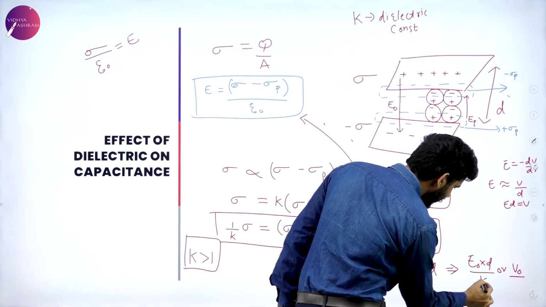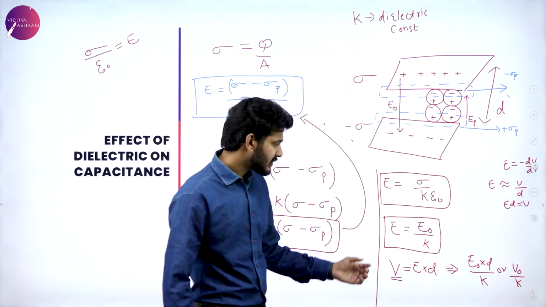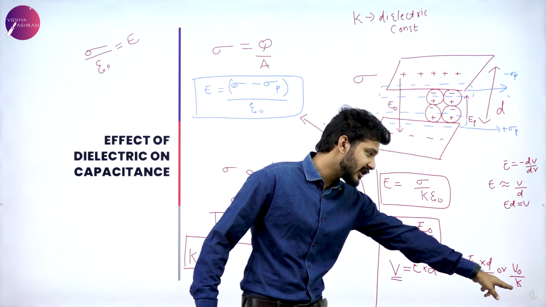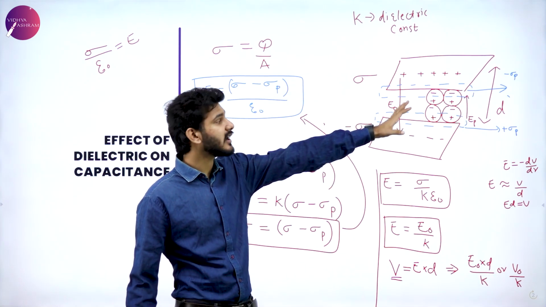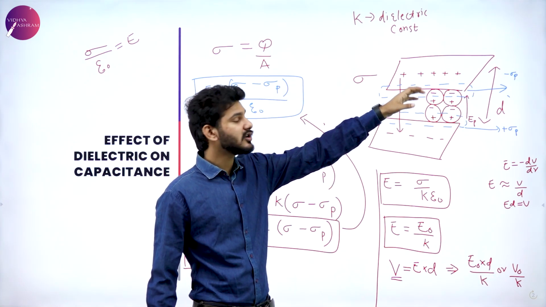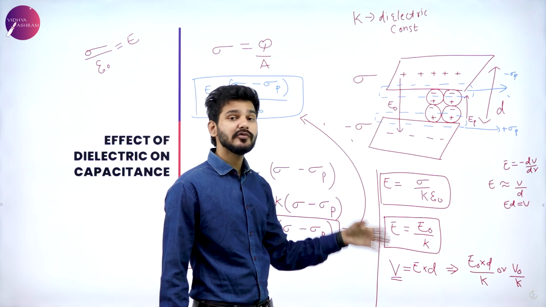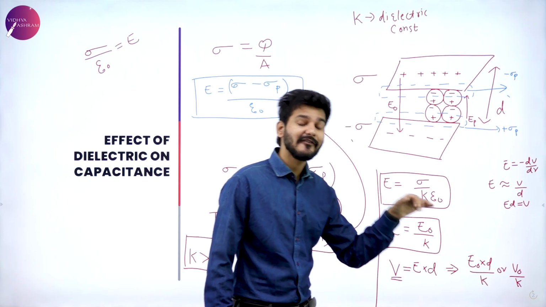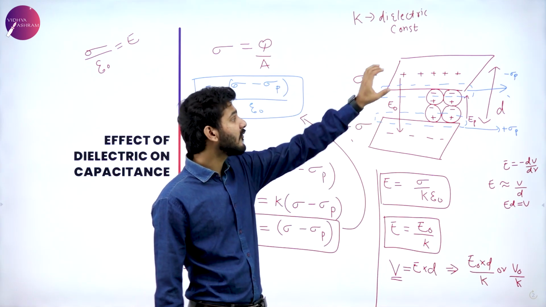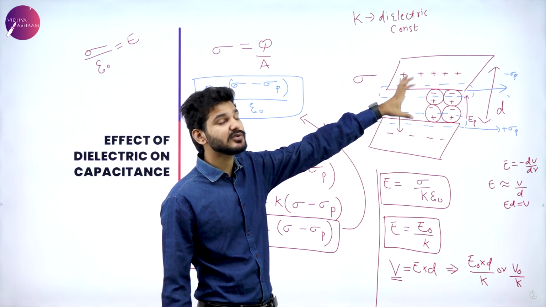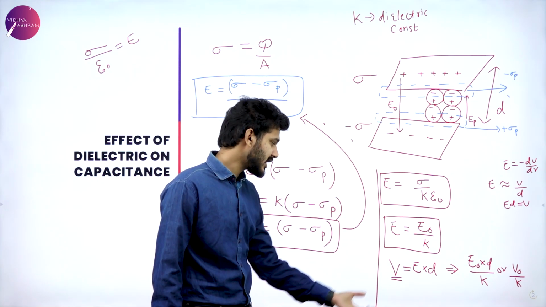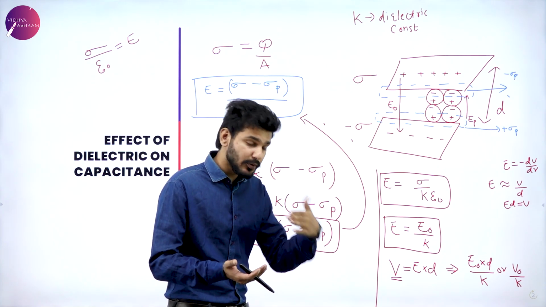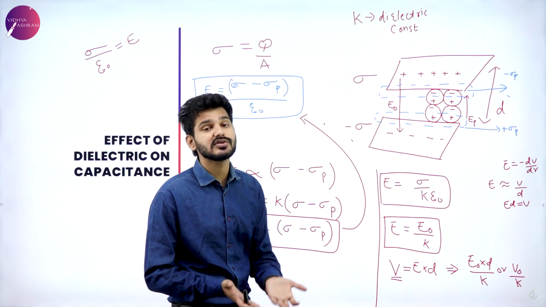Since the K value for any medium other than vacuum or air is greater than 1, the V value will decrease. That is, the net potential will be going down in a system where a dielectric medium is placed between the plates, which also we saw in the other topics that if the potential goes down, the net capacitance goes up.